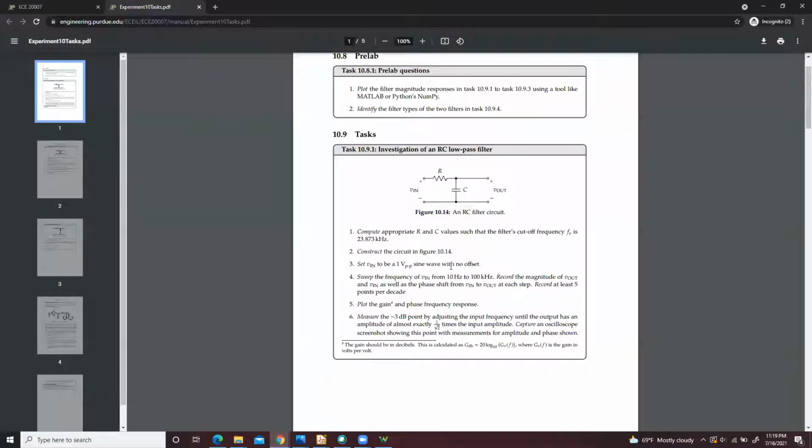After you build the circuit, you apply a 1 volt peak-to-peak sine wave. Then in step number 4, you're going to sweep the frequency from 10 hertz to 100 kHz.